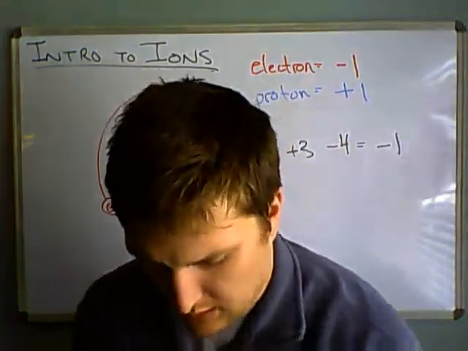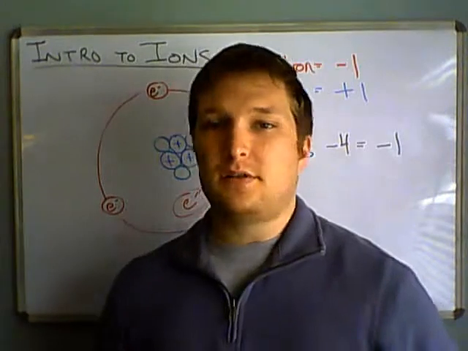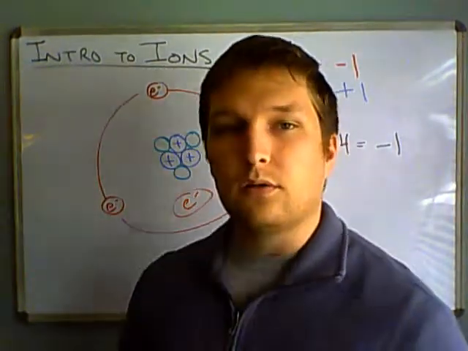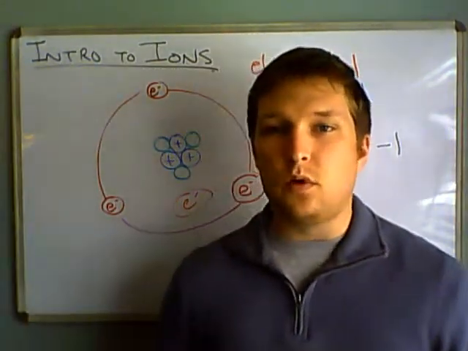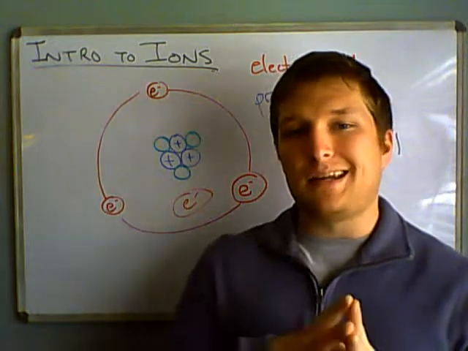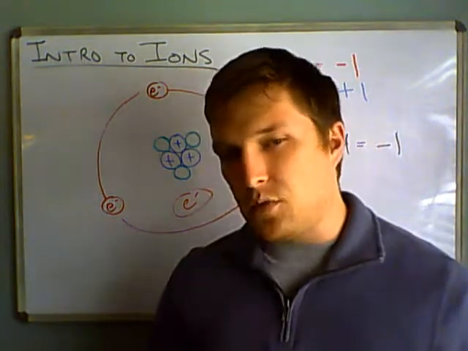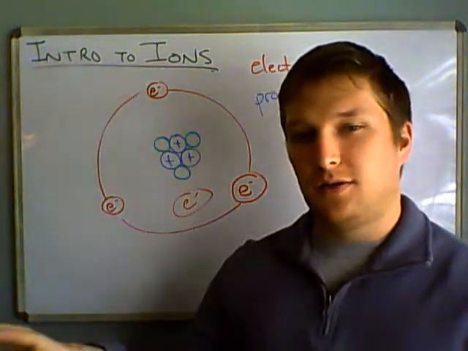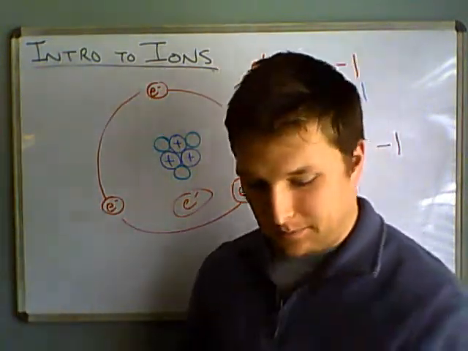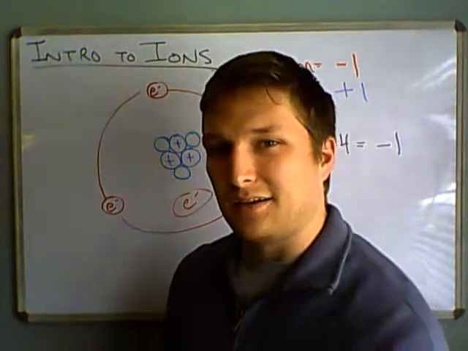So it may seem very simple, but a lot of people get confused about when something's negative and when something's positive, because if you add electrons, you decrease the charge, since an electron is negative.